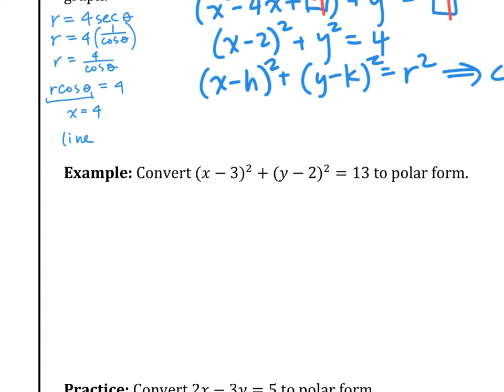All right, so there are a few ways to do this. You can either turn x and y both into r cosine and r sine and then do it from there, or you could basically multiply the whole thing out and then convert, which is what I'm going to do.